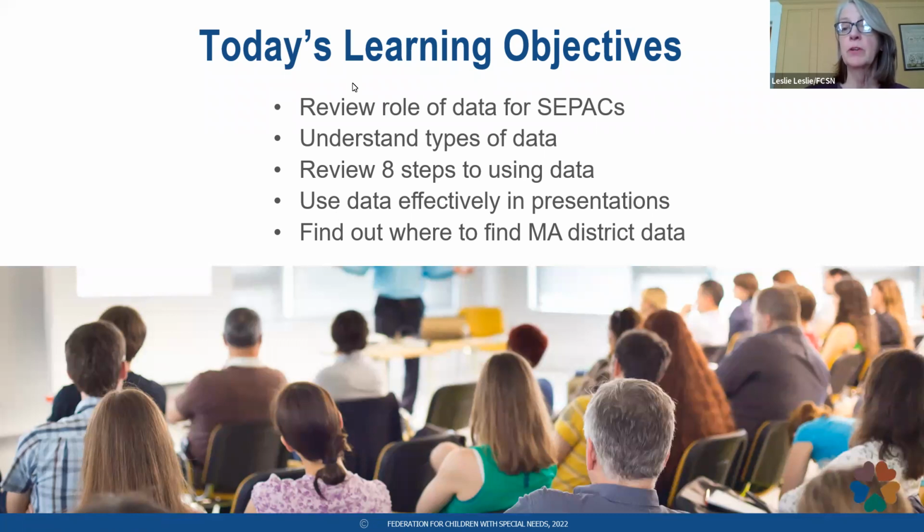Our Serving on Groups curriculum that we're following has an 8-step process to collect, use, and analyze data. So we'll be briefly going through that, but mostly talking a little bit not only about where to find data about your school district and your school populations in Massachusetts, but how to use that data effectively in presentations.